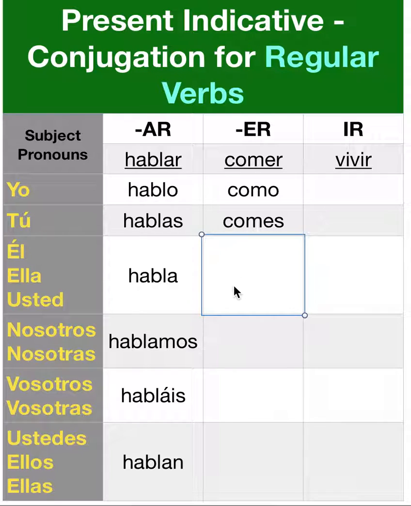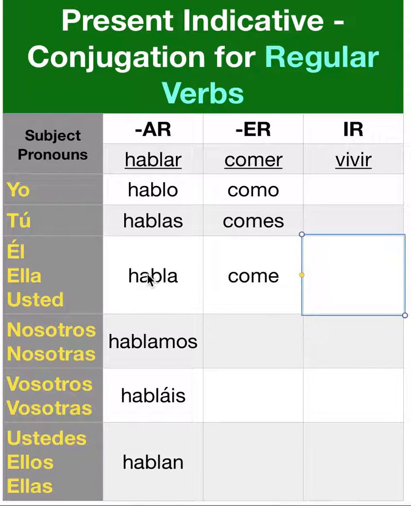And then we have él, ella, and usted. We take the stem and then add e. So instead of a, it's e because it comes from this ER. Él come, ella come, usted come. He eats, she eats, you formal eat.